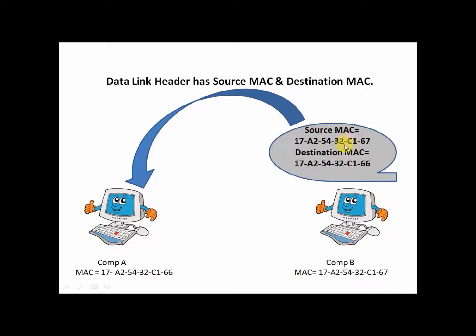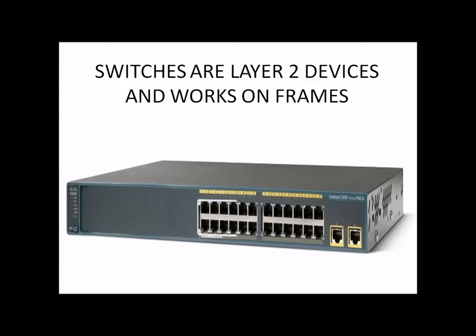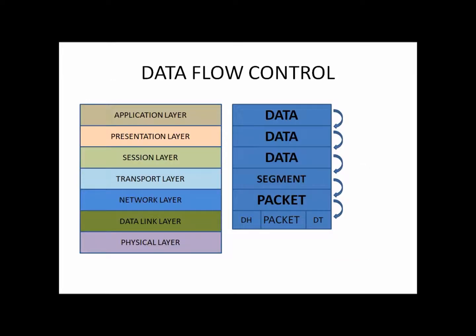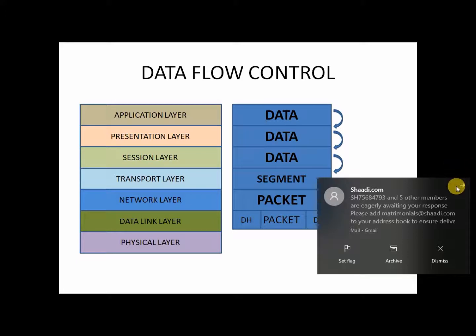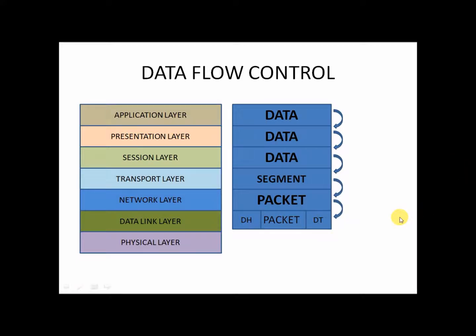So the source MAC will be 67 and the destination MAC will be 66. That's how it works. This is the data link header. And the data link tail obviously has the CRC number.